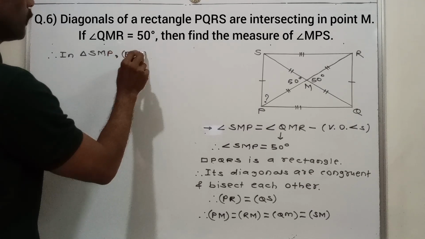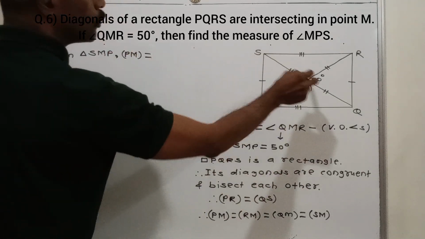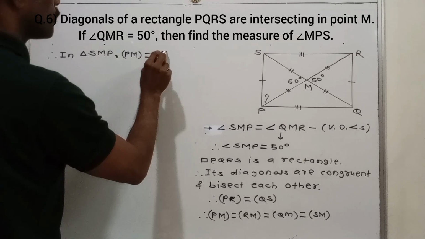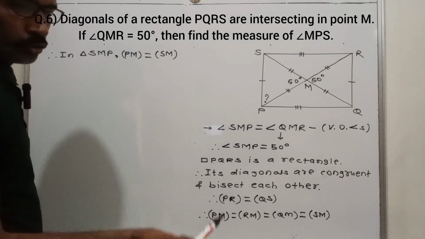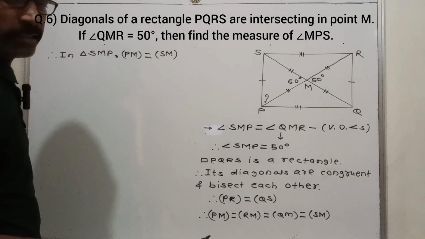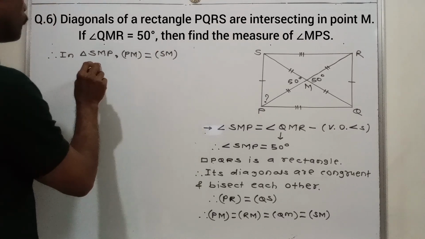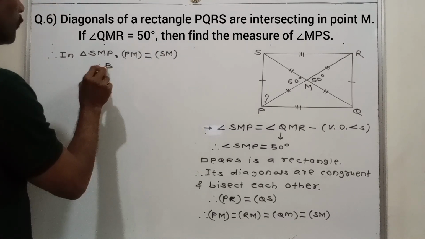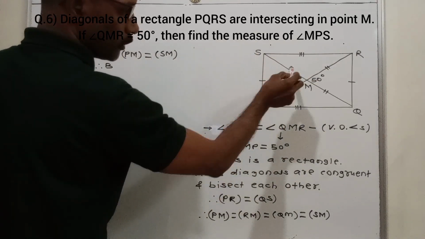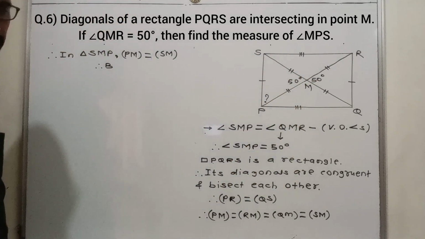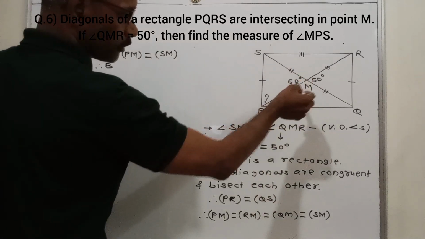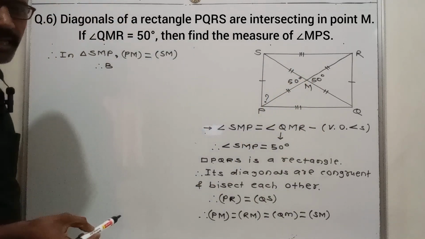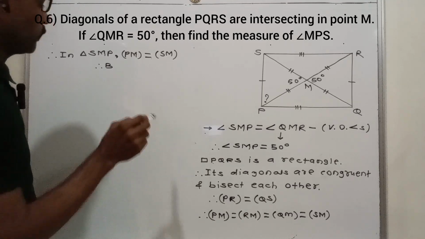Did you get it? Therefore, in any triangle, if two sides are congruent, then that triangle is an isosceles triangle.